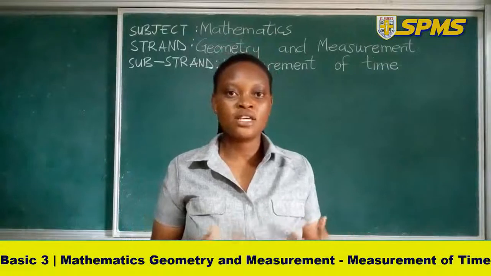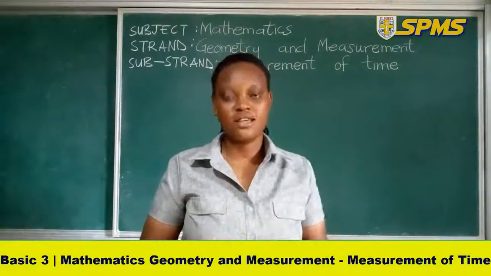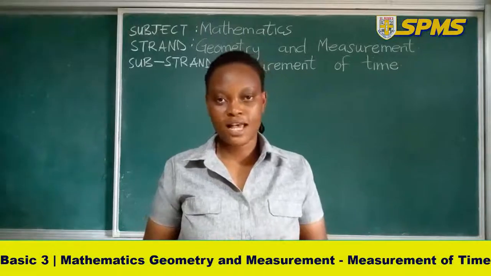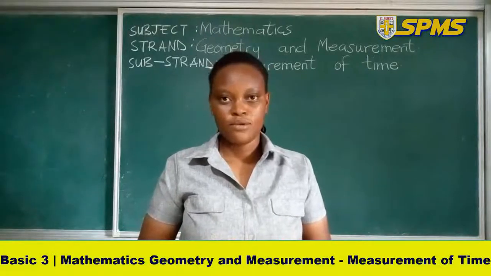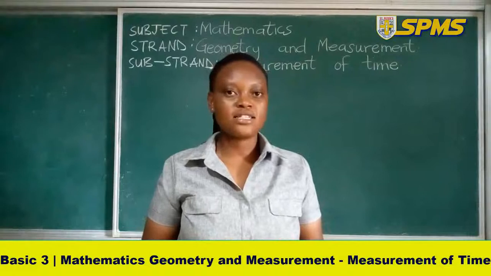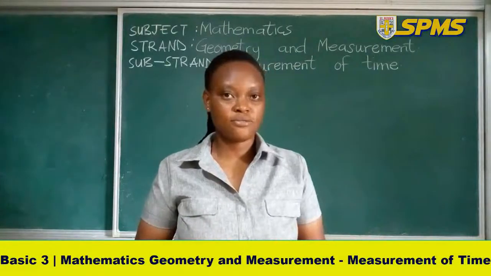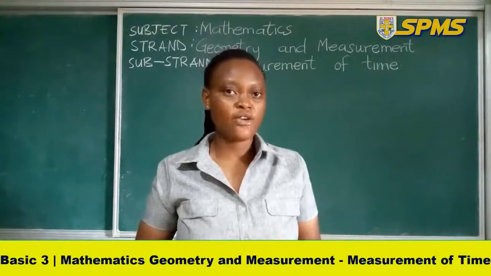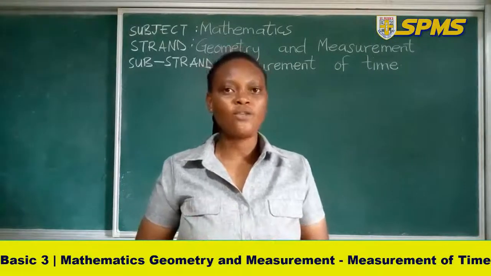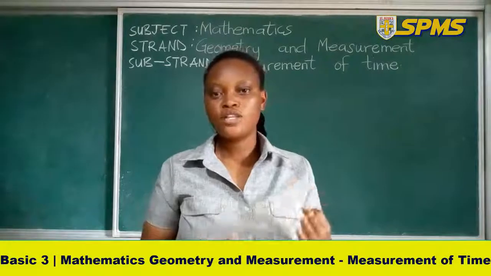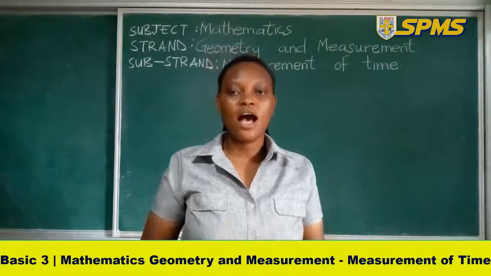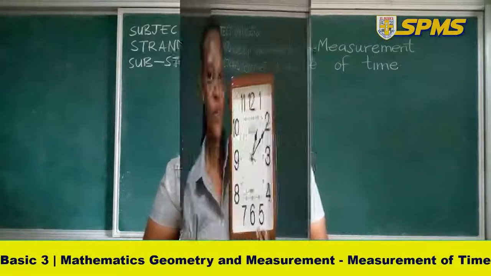Therefore, they are the units in measuring time. When someone asks for a time, you can't just say the numbers without knowing the minutes, without knowing the seconds, or without knowing the hours. You need to know all these 3 units in order to tell an appropriate time.